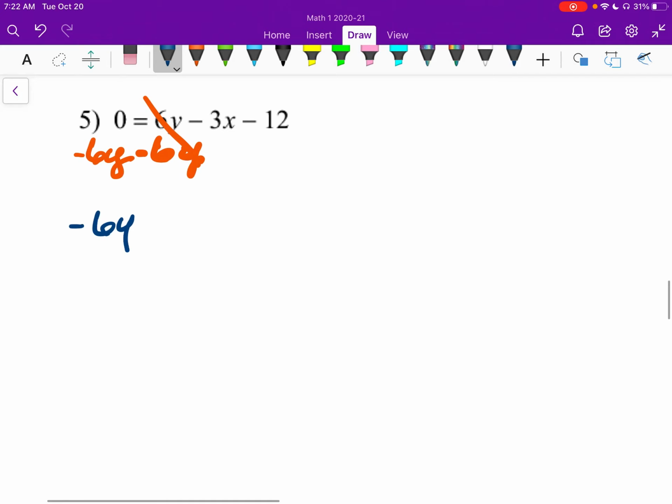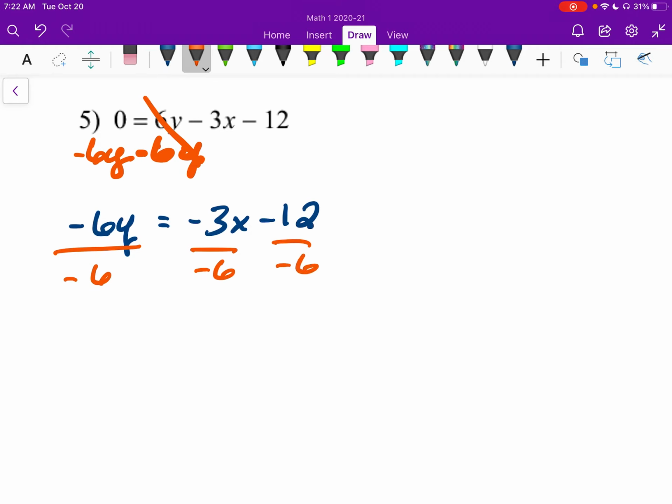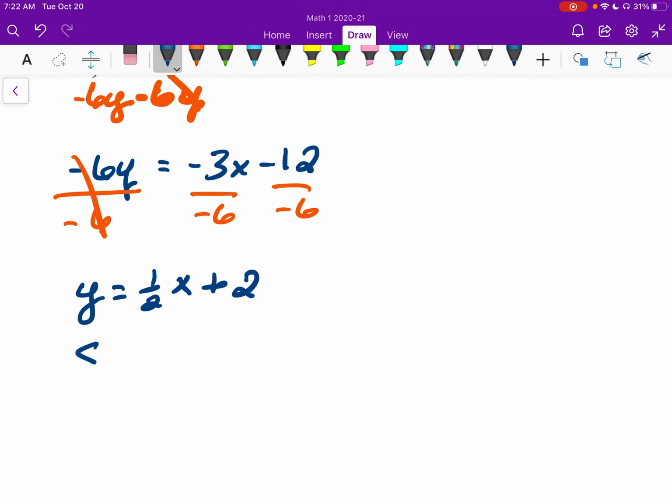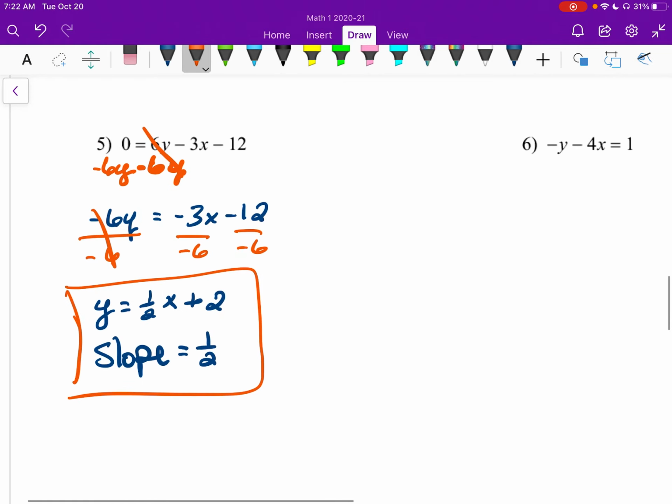So we've got -6y equals -3x minus 12. Now I divide by -6. The -6 is canceled in front of the y, and I'm left with y equals, well, -3 over -6 is +1/2. And then -12 over -6 is +2. So there's my slope-intercept form, and my slope is 1/2. There we are. That's number 5.